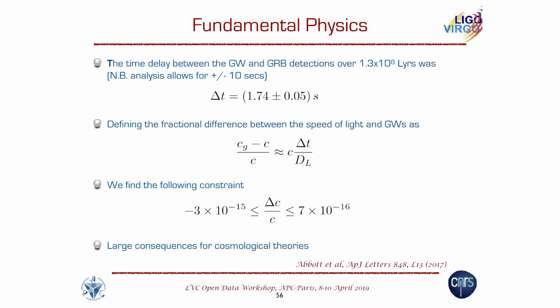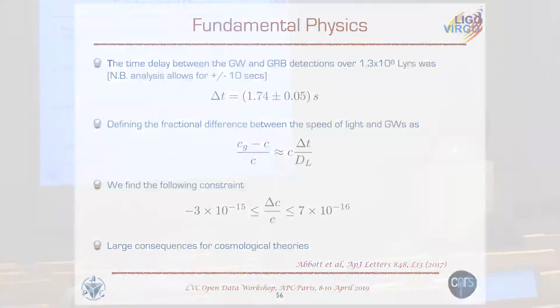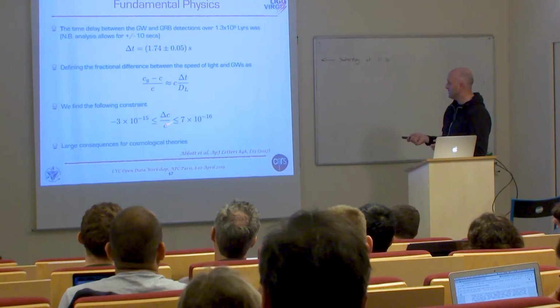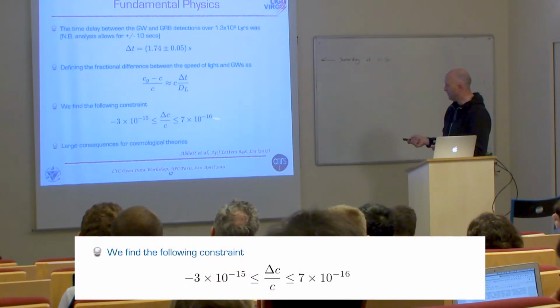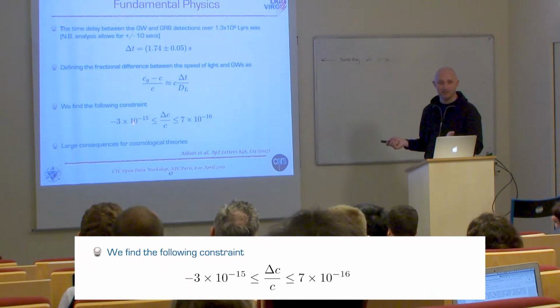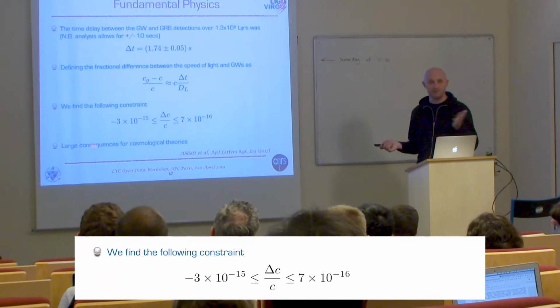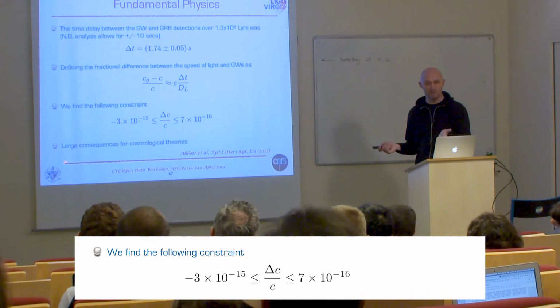This allows us to put a constraint on the speed of gravitational waves. And it's actually about 1.75 seconds. So this allows us to put this phenomenally tight constraint on the difference between the speed of gravitational waves and the speed of photons.